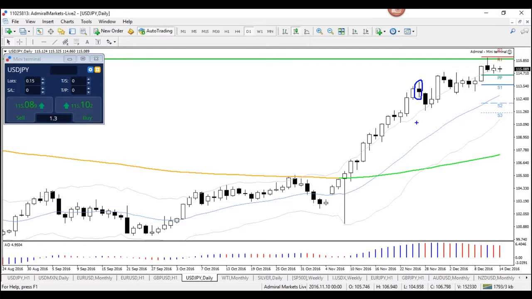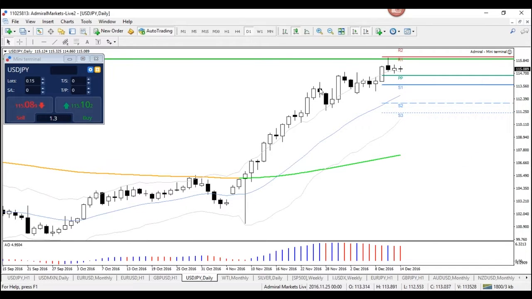No, the wick on the top is not that great, although it did create some retracement. It was a bearish candle. Dollar yen might have here a bearish candle, right? The wick is a bit bigger. The run up was strong here, the recent part less strong. So not sure about that.